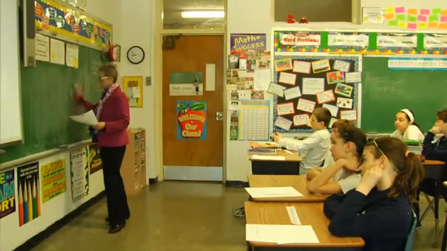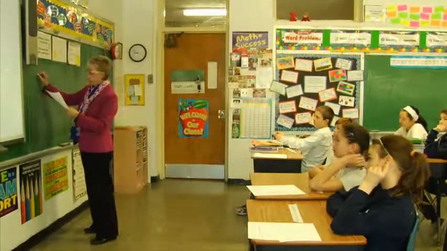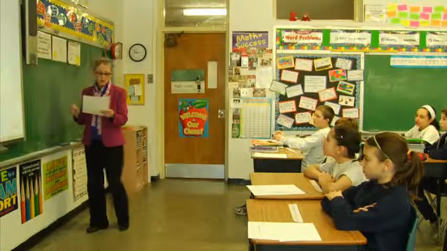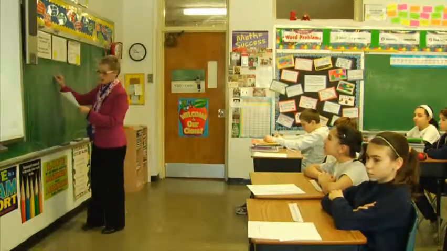So now I have a couple more. Let's put these strings of numbers and work with your team and do the same thing with these strings of numbers, okay? You're going to put them in order from least to greatest.